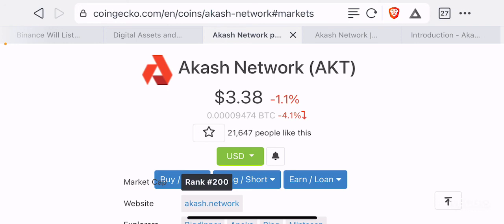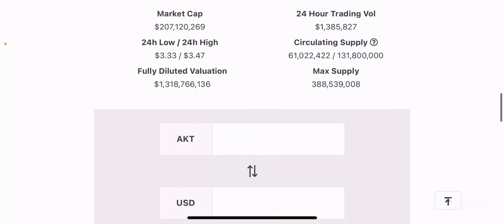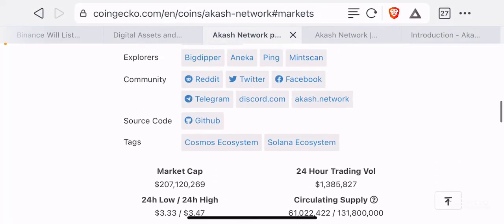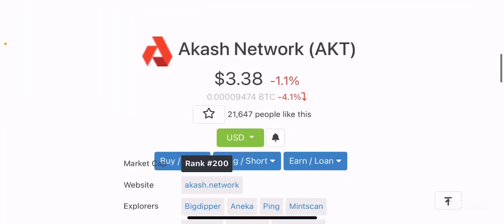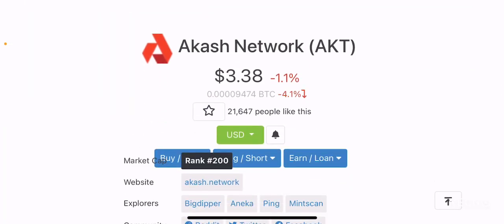And that will be a really good place to sell during the short term. But for the long term, I think that this project will get a Binance listing and can continue to be relevant in the future of decentralized crypto cloud servicing, right? So that's just my verdict, guys.